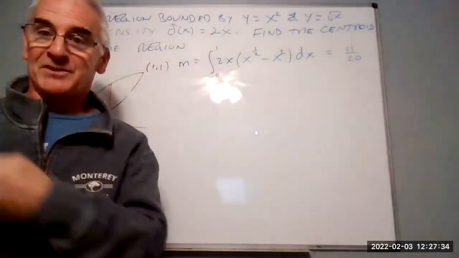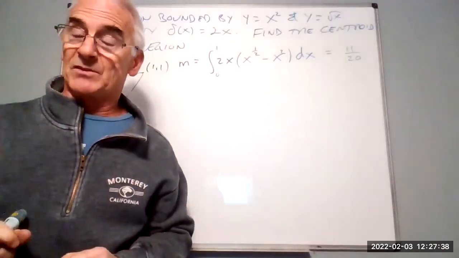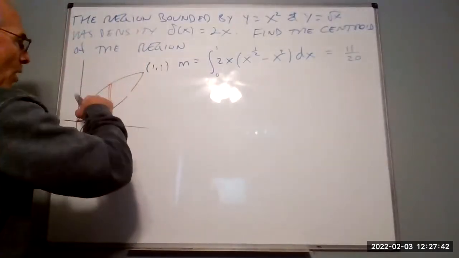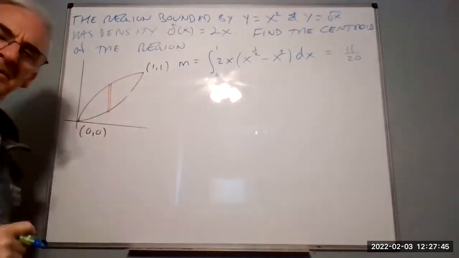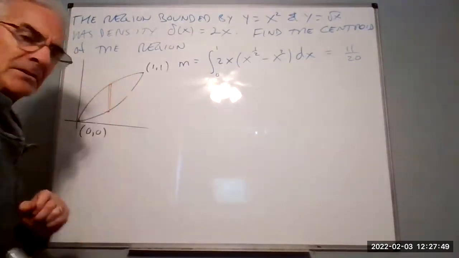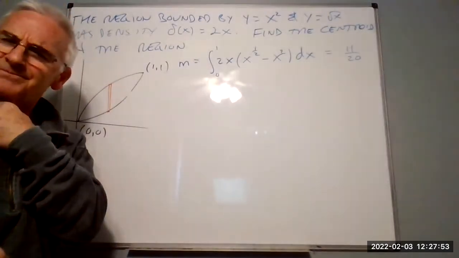Now, we did this problem last day and we stopped here because that's all we knew. Now I want to find the center of mass. Do you agree that the center of mass of this shape ought to be located inside the shape? Does everybody agree with that? That my center should probably be inside of this thing? Does that seem reasonable? Yes.